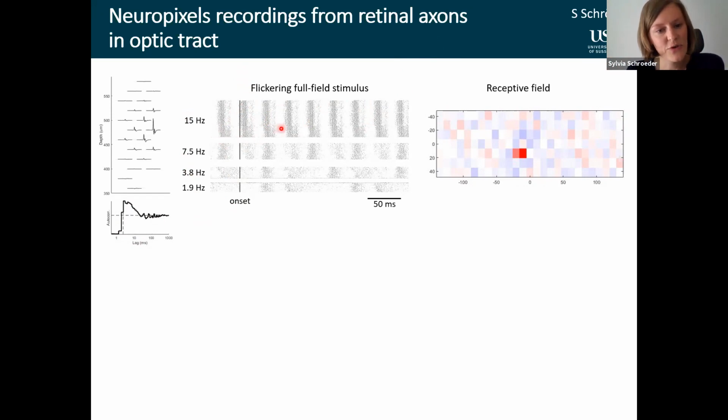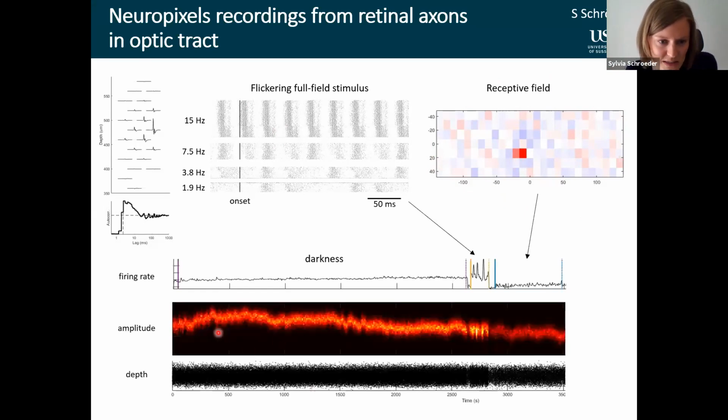This unit could follow this flicker very well. So this convinced us that it's a recording from a retinal ganglion cell. Also this unit has a very small receptive field, which is another point convincing us that this is from the retina.